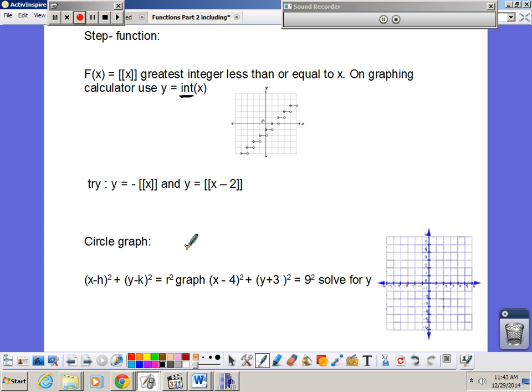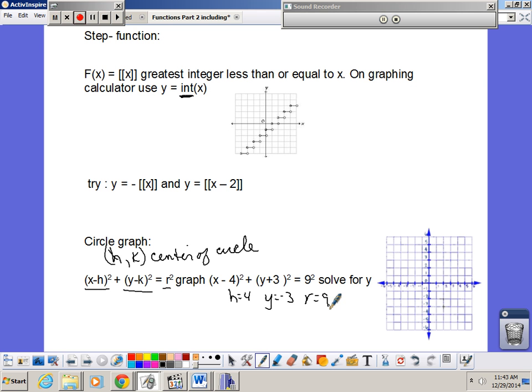Now a circle graph. A circle graph, and this is on your formula sheet, is (x minus h) squared plus (y minus k) squared equals r squared, where h and k are the center of your circle. We've already had a unit on circles. So we're going to graph this one because it's supposed to be x minus h, so h must be 4, and y minus k, so k must be negative 3, and r squared is 81, so r is 9.